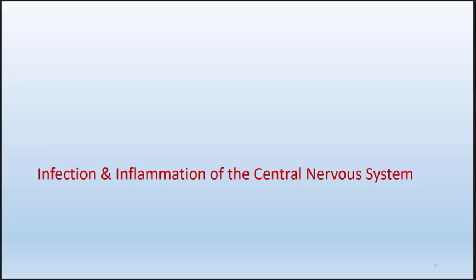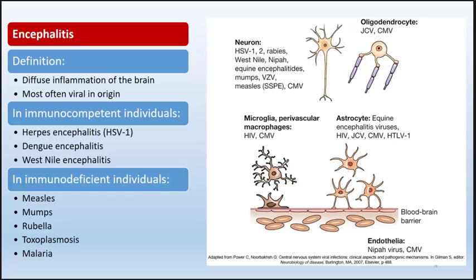So let's talk a little bit about infection and inflammation of the central nervous system. We've already spoken about meningitis, but we're going to talk about encephalitis. Encephalitis is defined as diffuse inflammation of the brain, and anytime you see the term itis, it's referring, remember, to inflammation. Usually it's viral in origin.